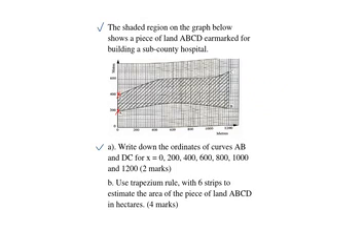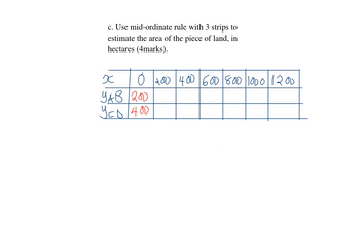So we have 200, and the value of y on the curve AB will be equal to 240 right there, and the value of y on the curve CD will be equal to 500. So we have 240 and 500.